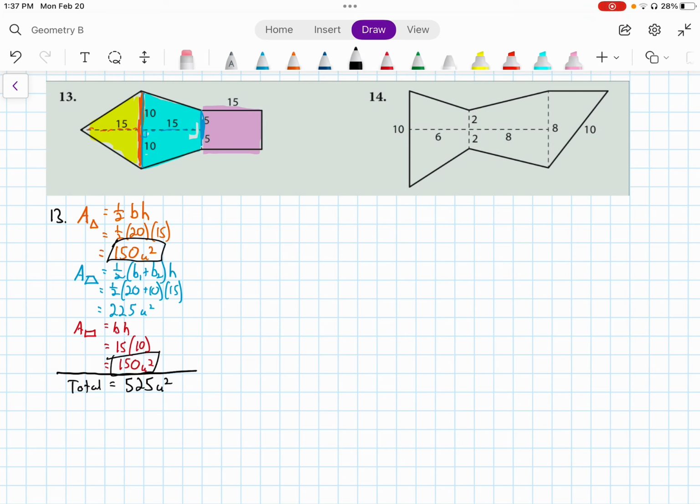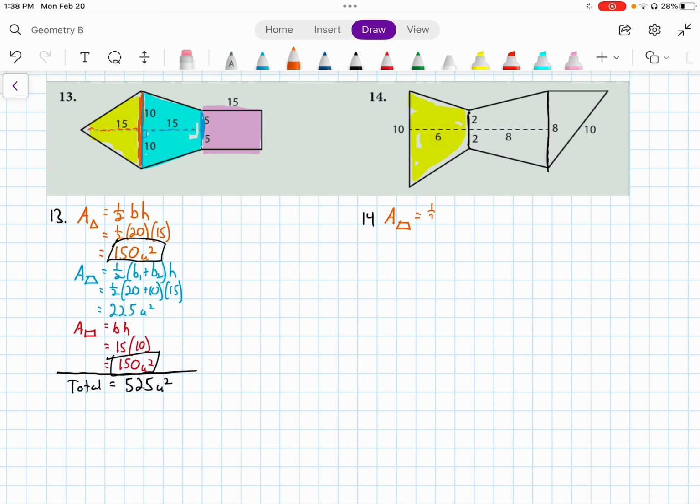Number 14. So again, there's different shapes here. I would go with two trapezoids here and a triangle. So let's do the same thing. We'll do yellow. So a yellow trapezoid. That one's pretty straightforward. So my orange goes with yellow.